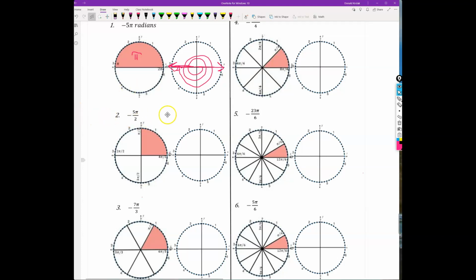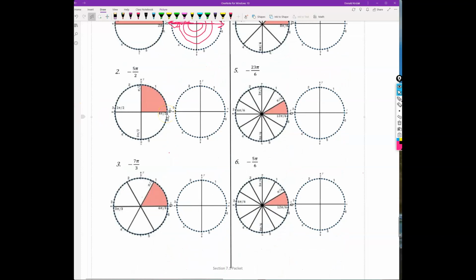Okay, -5 pi over 2. Cut the top half of the circle into 2 parts and the bottom half into 2 parts. And now we're going to go -5. So if I was counting here, this would be 1, 2, 3, 4, 5.